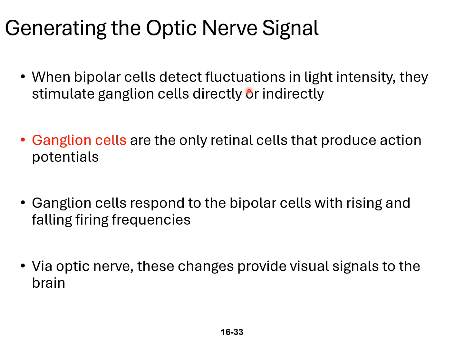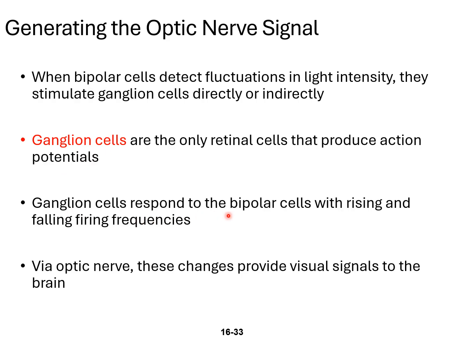So bipolar cells detect fluctuation of light intensity. They stimulate ganglion cells directly or indirectly because they're either turned on or turned off. The ganglion cells are the only retinal cells that produce an action potential. Every other cell up to the ganglion cell is either going to release a neurotransmitter or inhibit a neurotransmitter.